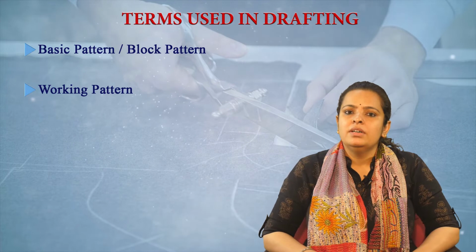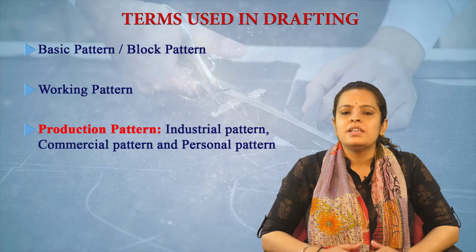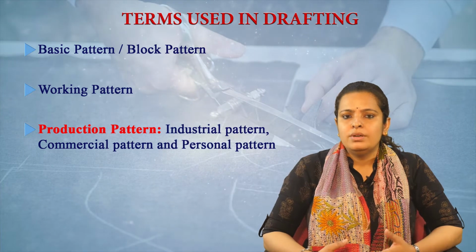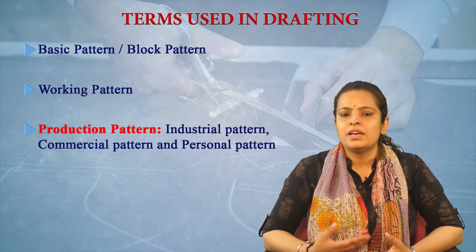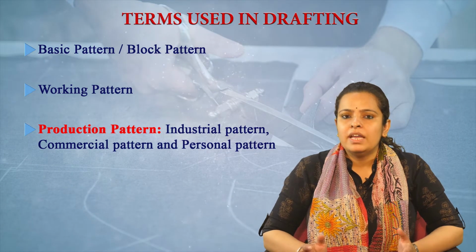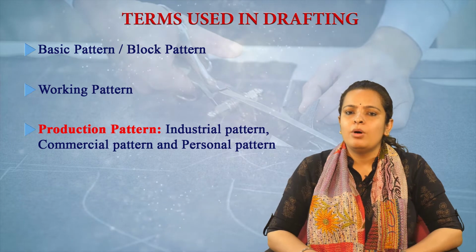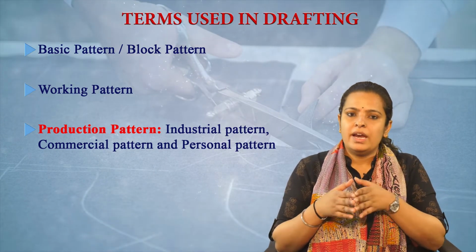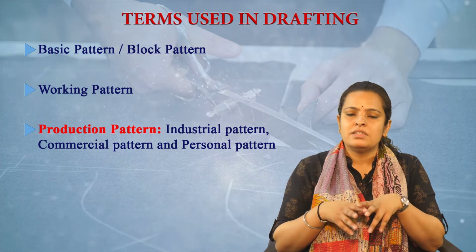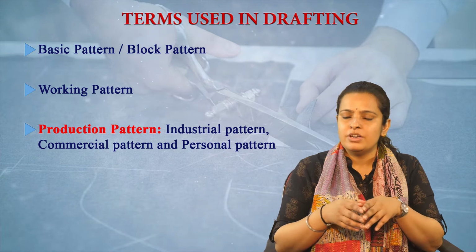Then we have the production pattern. The production pattern comes after the working pattern. First we create the basic pattern, which is without any manipulation, just the exact body measurements we take. We draw the lines and draw the pattern on the pattern paper with the basic measurements.